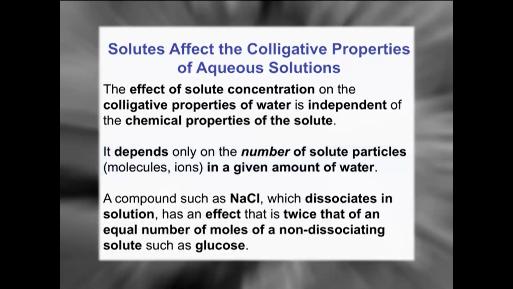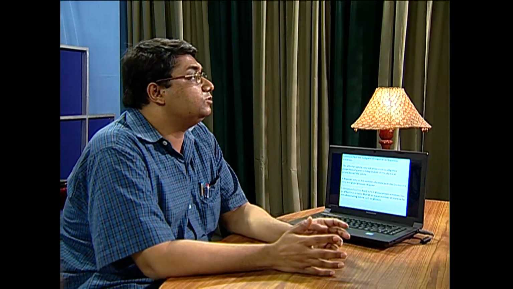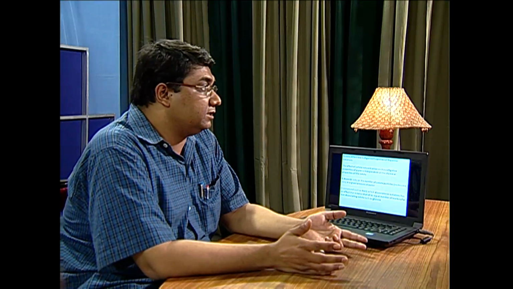It only depends on the number of solute particles present in a given amount of water. For example, if you take a non-dissociating solute like glucose, it doesn't dissociate. On the other hand, if you compare the effect of sodium chloride, which dissociates completely to generate two ions, that is two particles, then the same amount of sodium chloride will give twice the effect of the same amount of glucose.